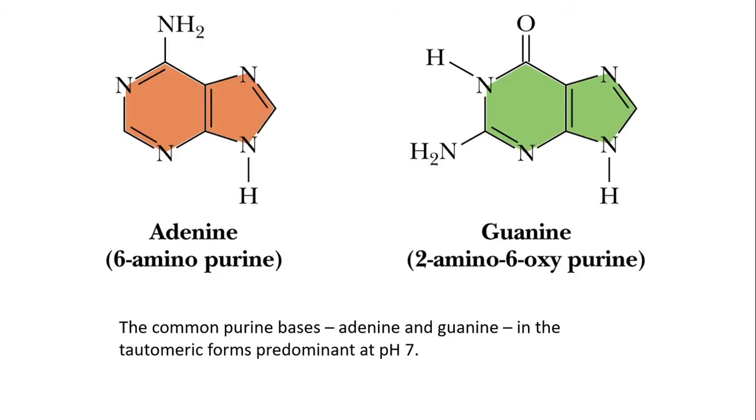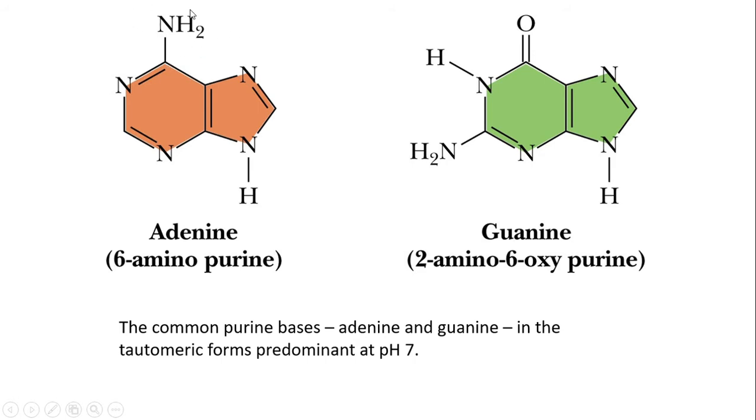The purines, again, little name, larger structure. Comparing these, adenine and guanine, remember the numbering here begins at this nitrogen. So we have 1, 2, 3, 4, 5, 6.